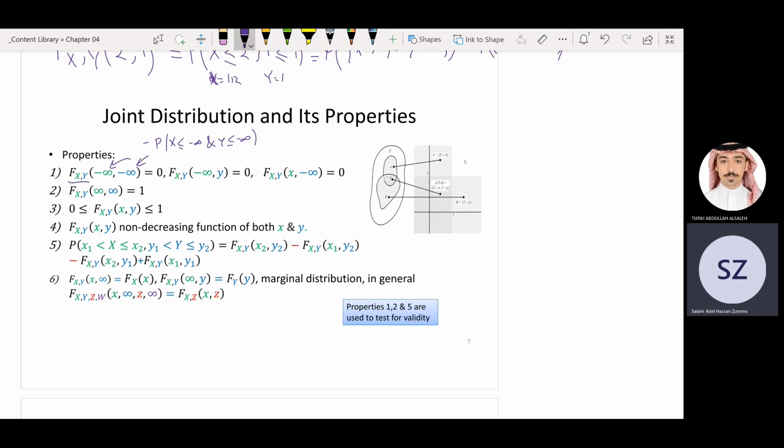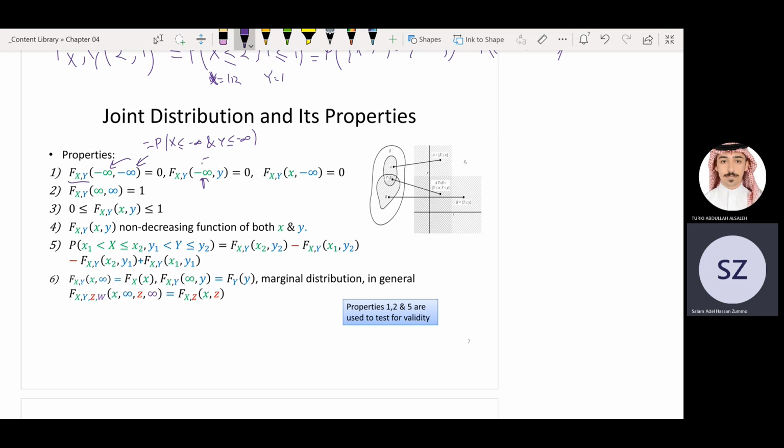Now, if one of them is minus infinity, so F_XY at x equal minus infinity and any y, what would this be equal to? Why? Because this is again the probability of the intersection of X less than or equal to minus infinity and Y less than a specific number. One of them is impossible, so the intersection between phi and anything is phi.